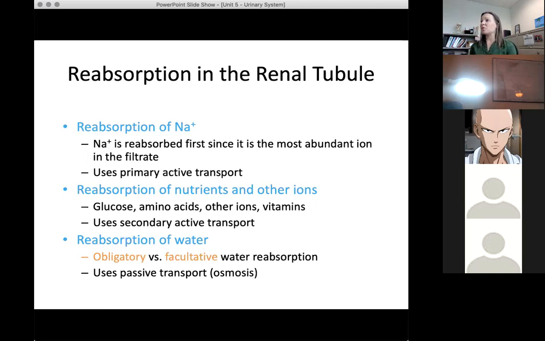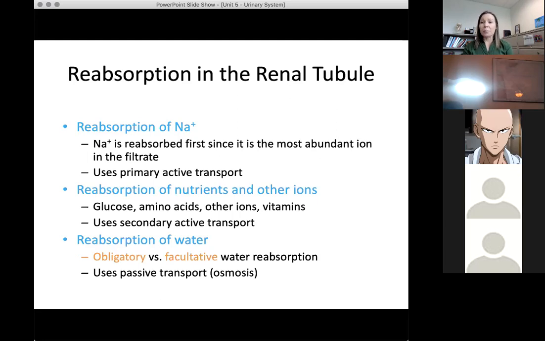There are 3 of them that are listed: aldosterone, antidiuretic hormone, and atrial natriuretic peptide. If you watch that recorded lecture, you'll learn all about those hormones and what they do. But basically, they influence the movement of water, based on whether or not they are secreted. So these hormones get secreted or not secreted based on the body's needs at that time.